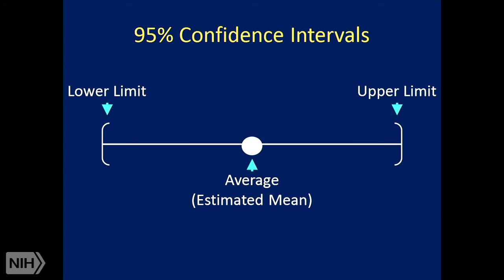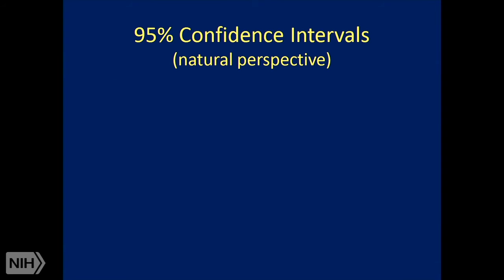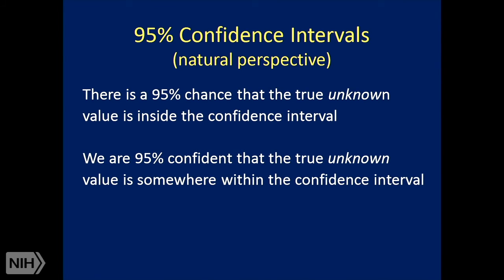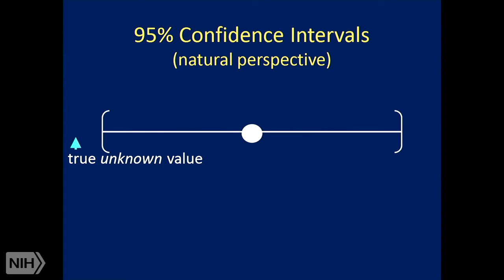Okay? And here's the interpretation. The natural perspective says that there's a 95% chance that the true unknown value is inside the confidence interval. So in other words, we are 95% confident that the true unknown value is somewhere within the confidence interval. Different way of saying the same thing.